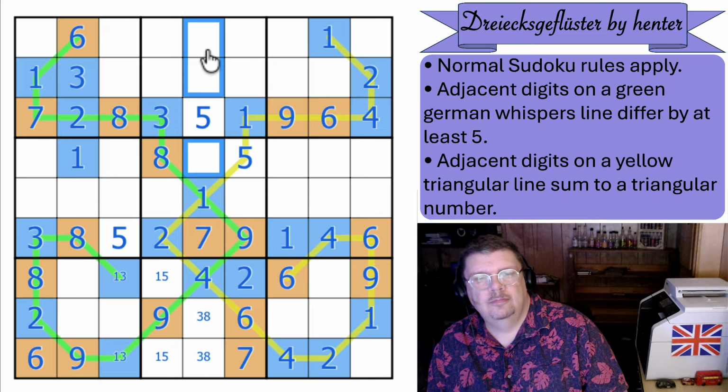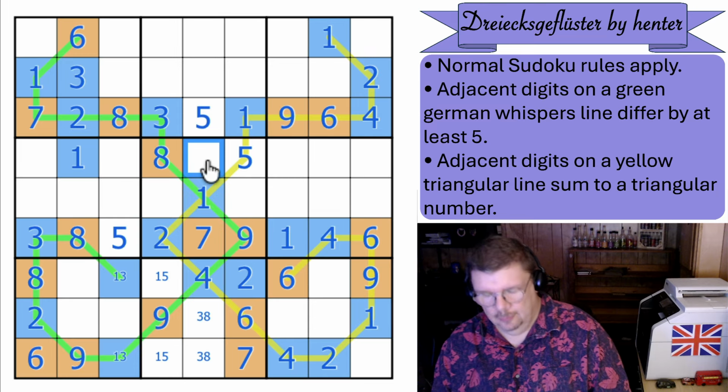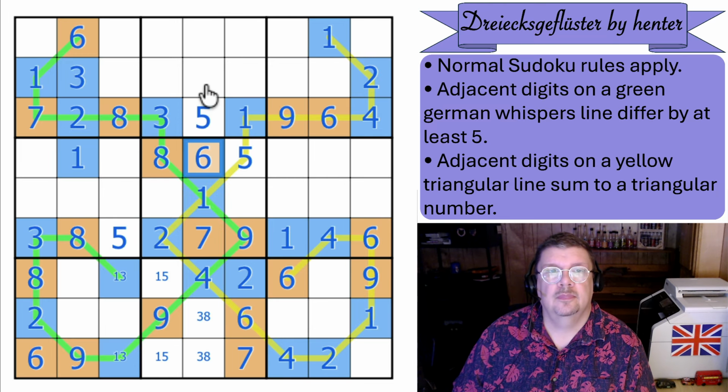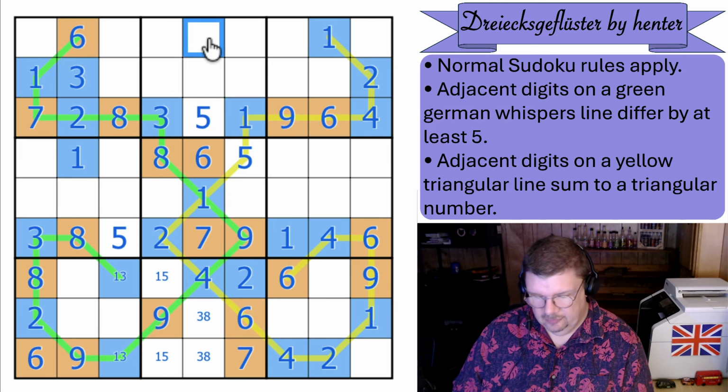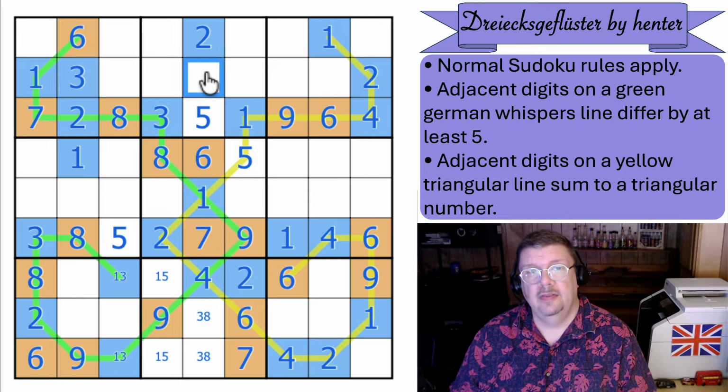No. 2, 6, and 9. That one can't be 2 or 9, so that's a 6. That's a 2, and that's 9.